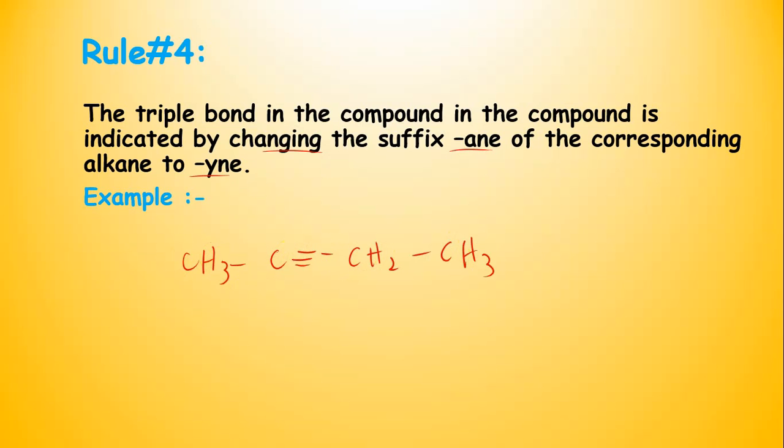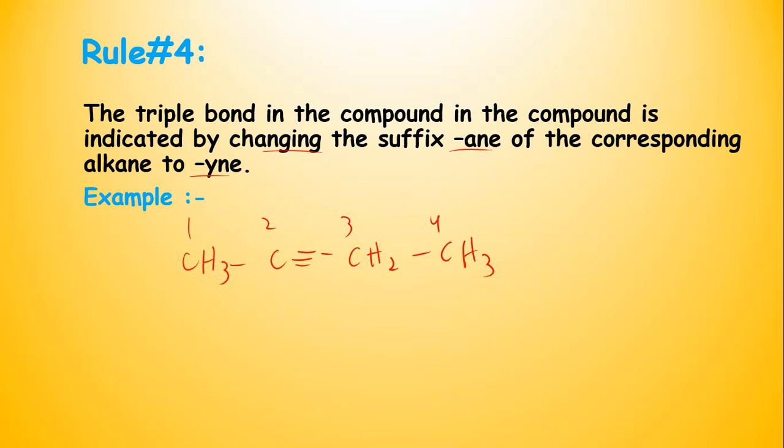So how will you give the numbering? 1, 2, 3 and 4, right? And then this is CH3, then the carbon-carbon triple covalent bond, 1, 2, 3, 4, 5.